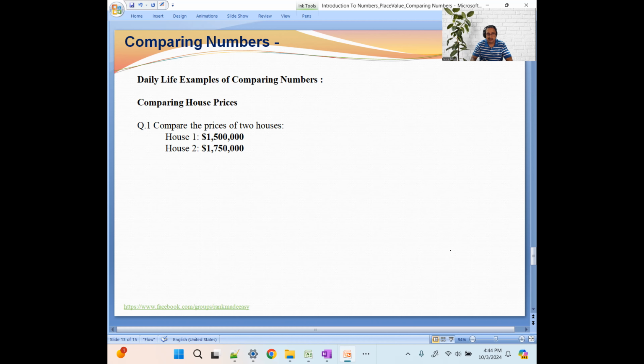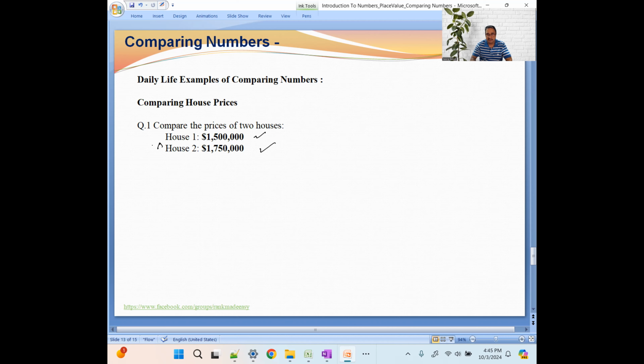In this question, compare the price of two houses. The first house price is written here, 1,500,000. The price of the second house is also written here, 1,750,000. If you can spell the numbers correctly, you can simply say the second house price is greater than the first house price.